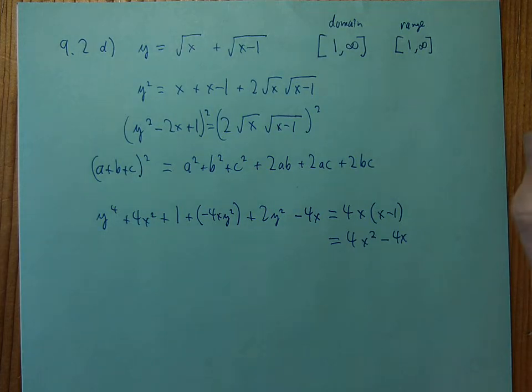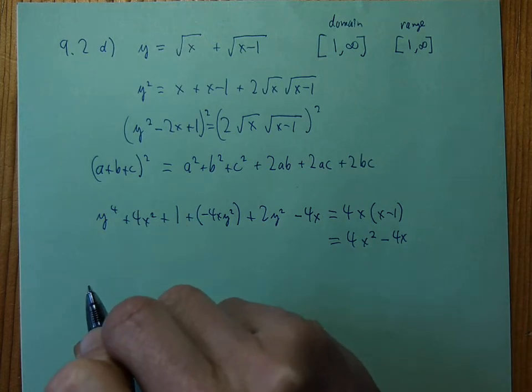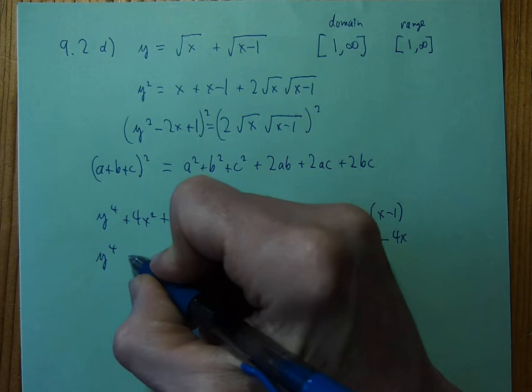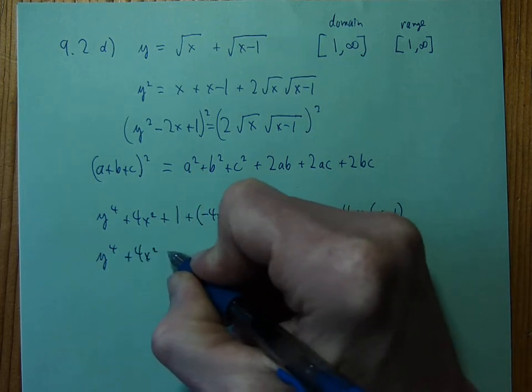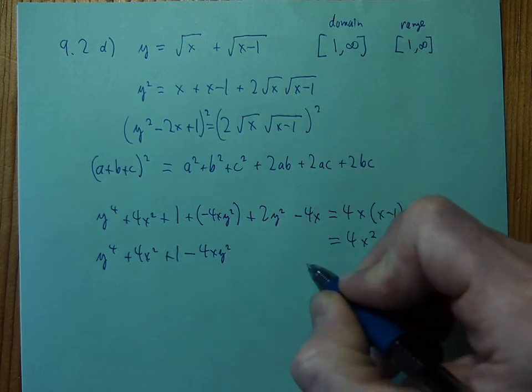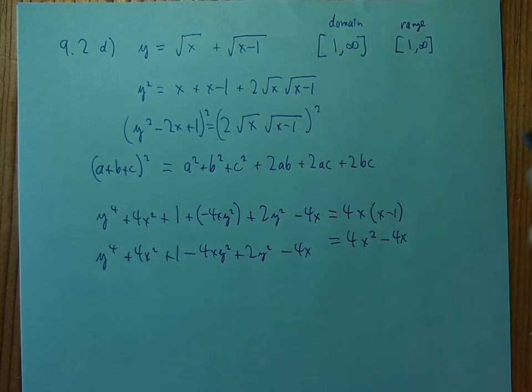Okay, so let's see if we can simplify all this stuff out. So I'm going to write all this over again. So we have a y to the 4th plus 4x squared plus 1 minus 4xy squared plus 2y squared minus 4x.